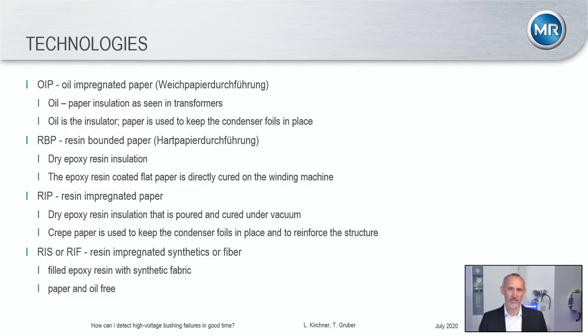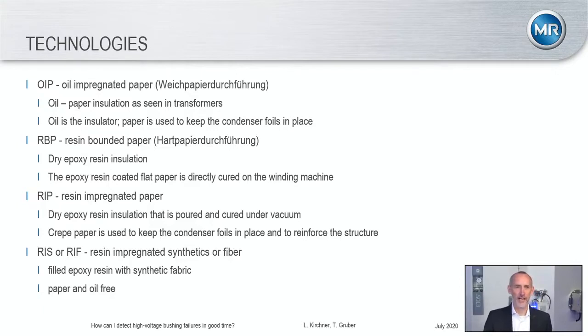And I think that is maybe one of the reasons why it's not produced anymore. My personal recommendation at this point is if you have such a bushing in service, it must be at least 30 years old or older, and I would recommend to replace it. And it is difficult to monitor this bushing, and I will explain later on why it's so difficult to monitor this bushing.